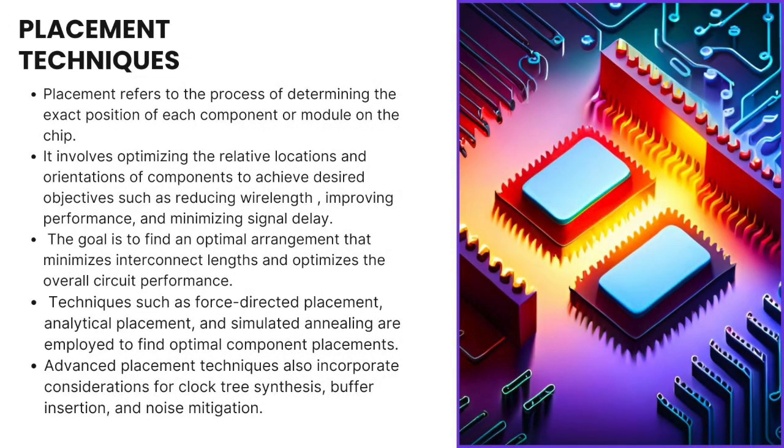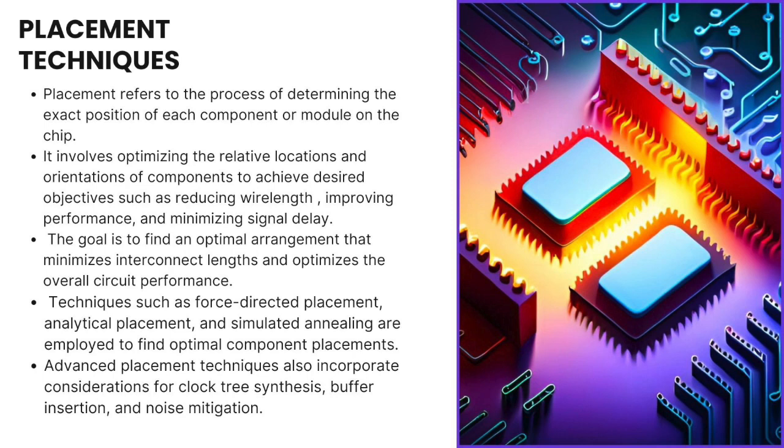Placement techniques. Placement refers to the process of determining the exact position of each component or module on the chip. This process focuses on finding the best positions and orientations for components to achieve specific goals like reducing wire lengths, improving performance, and minimizing signal delay.